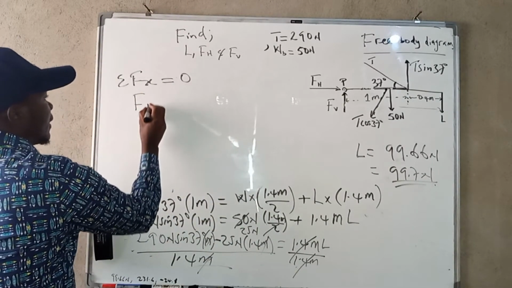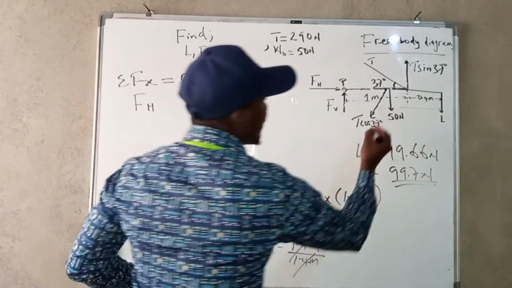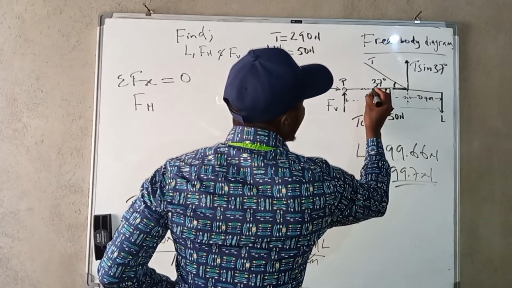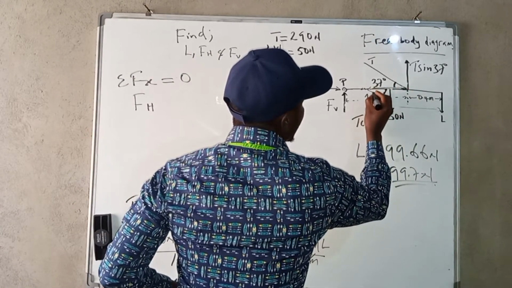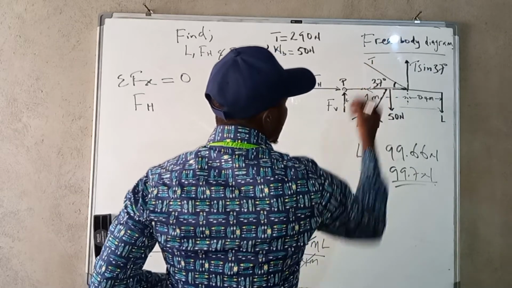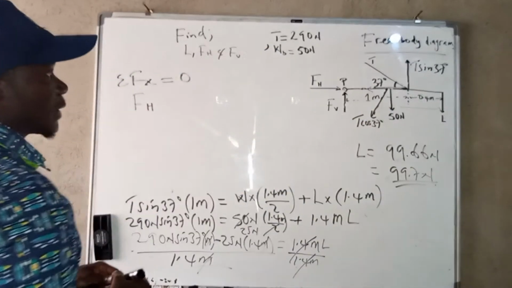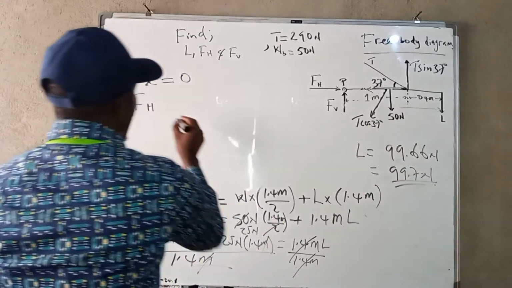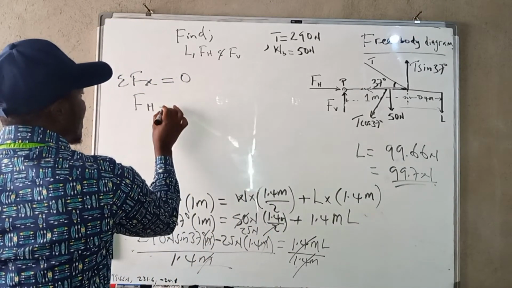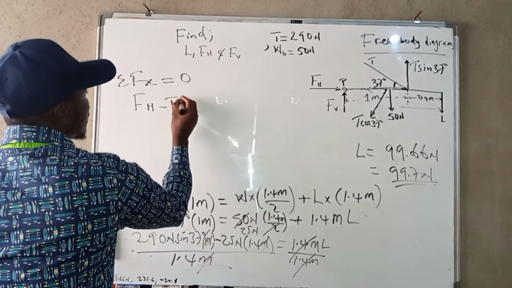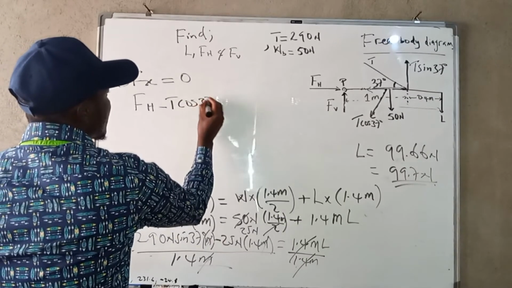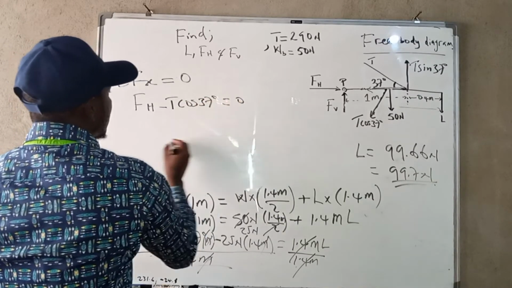Then we have the horizontal component of the force, which is T cos 37, so minus T cos 37 degrees. This must be equal to 0.